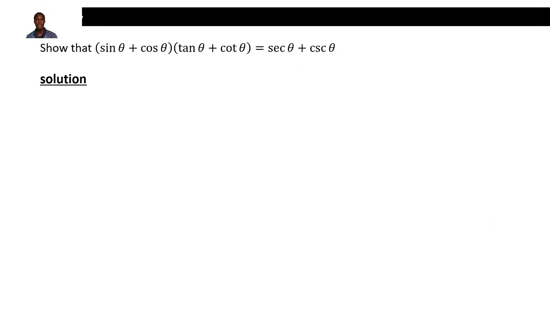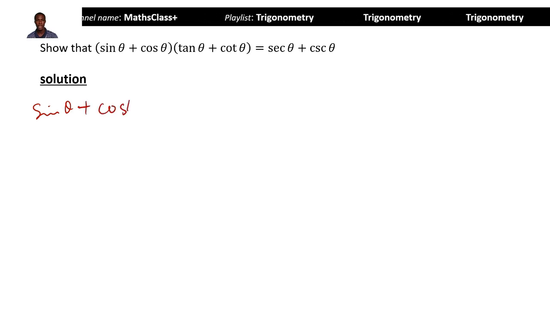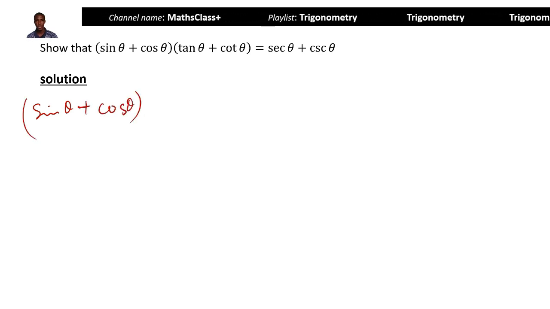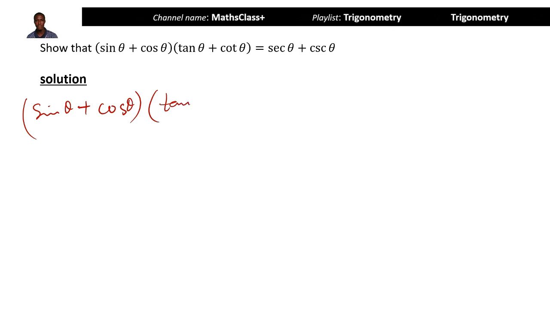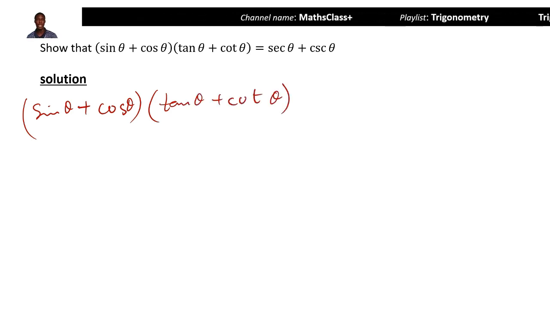Show that sine theta plus cos theta in one bracket multiplies tan theta plus cot theta in another bracket. This will result in sec theta plus cosec theta. Okay, so we have sine theta plus cos theta in one bracket multiplying tan theta plus cot theta in another bracket.